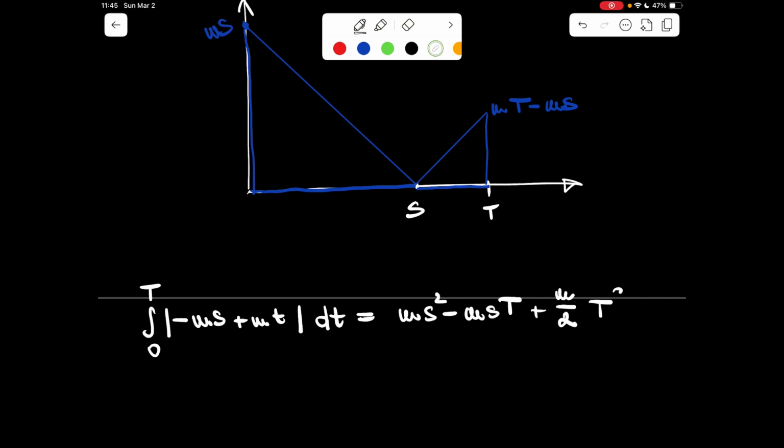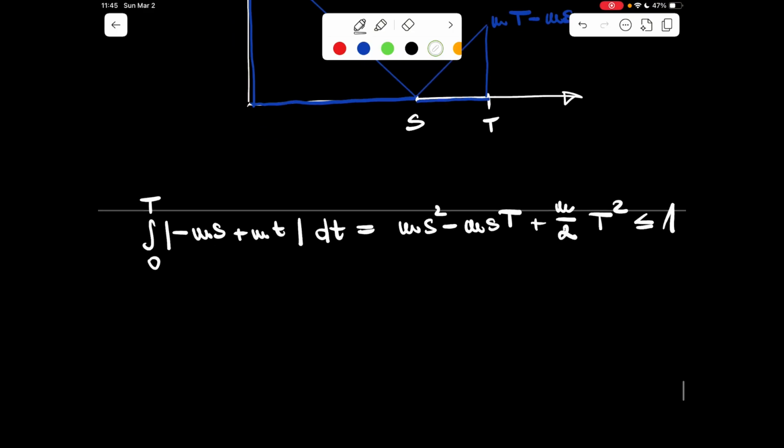Okay, and it cannot be higher than 1. Okay, so to be clear, we have the same problem in two forms, two equivalent forms.